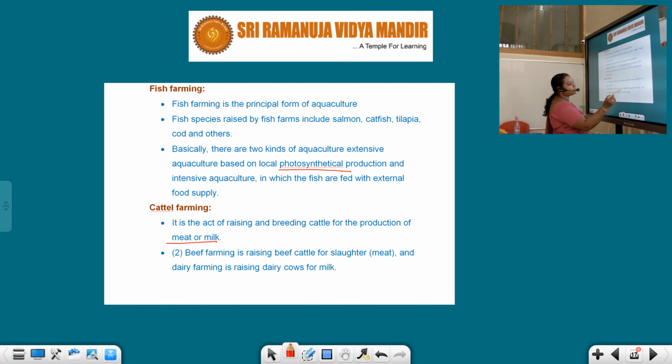One is for beef, which is the meat of the cattle, students. In slaughter farming, they rear and take care of the cattle or cows simply for meat production. In the next level, dairies, only for milk production they take care of the what? Animals.